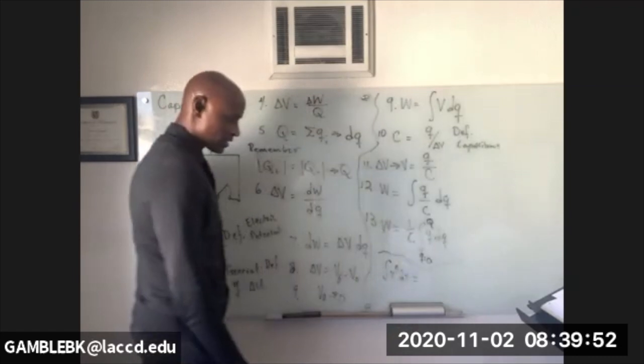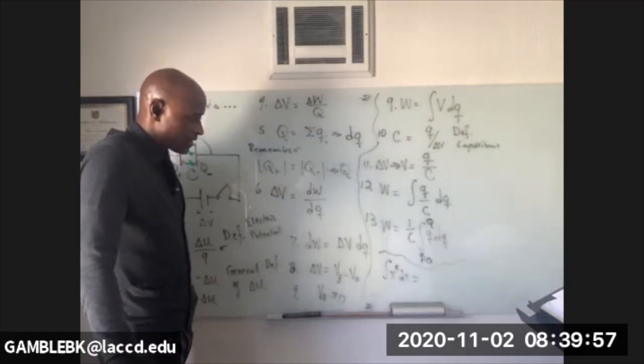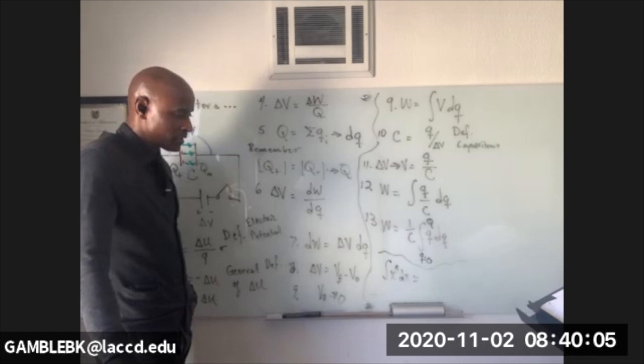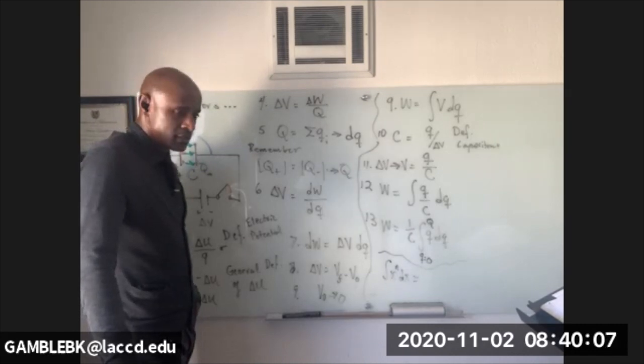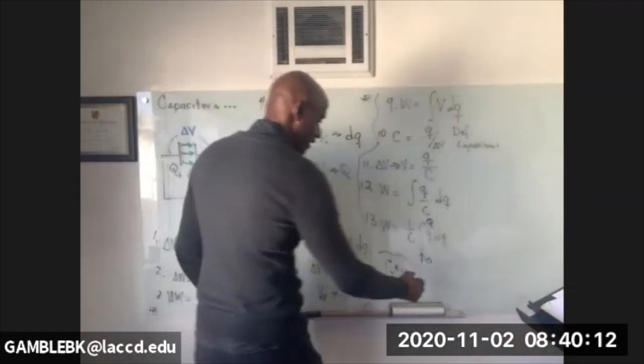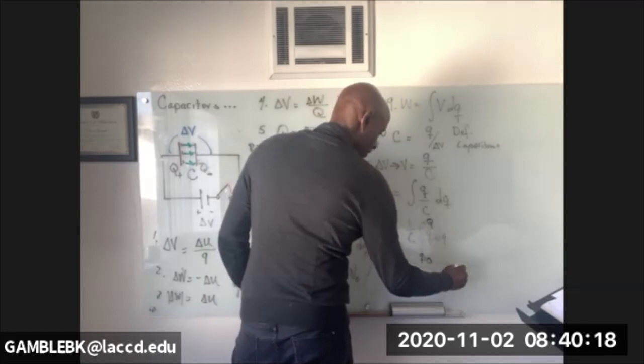The analogy that you said, Babatunde, would be x to the n plus 1. That's not true. Oh yeah, thank you, Bron. It's 1 over n plus 1 times x to the n plus 1, plus a constant.